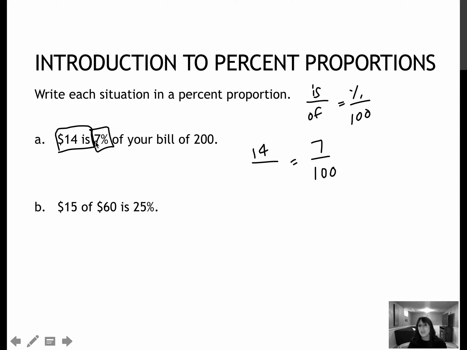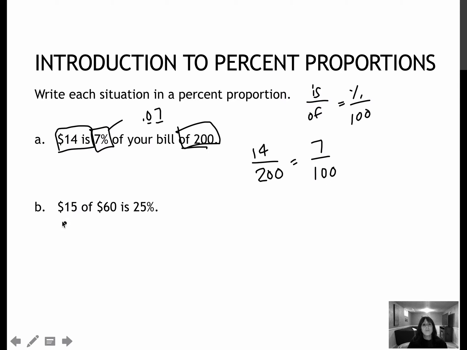So 7%, if I turned that into a decimal, is 0.07, which means 7/100ths. The of 200, the of tells me that goes here. So 14 over 200 is equivalent to 7 over 100. Now, of course, eventually we'll have a variable in here somewhere, but for now we're just setting them up correctly.